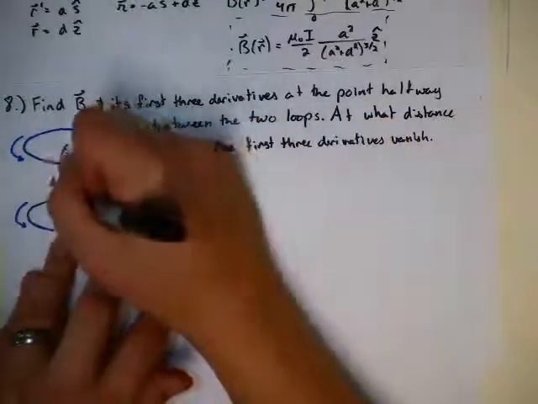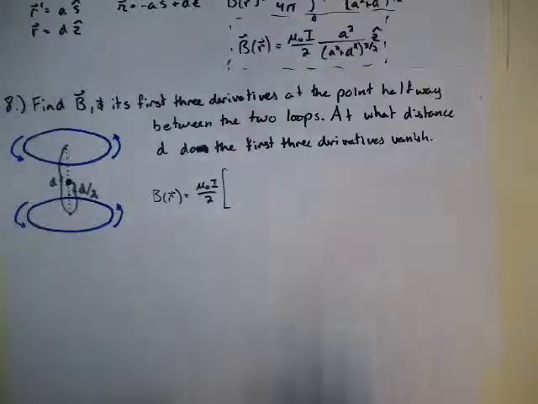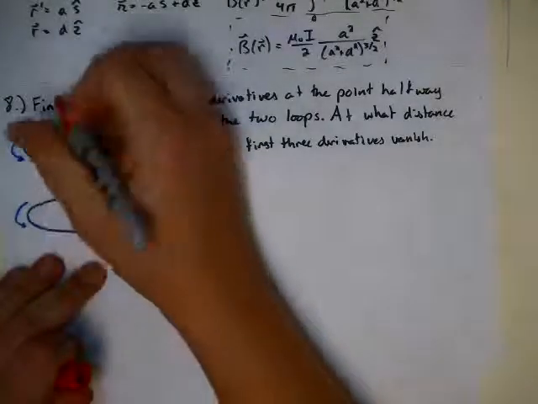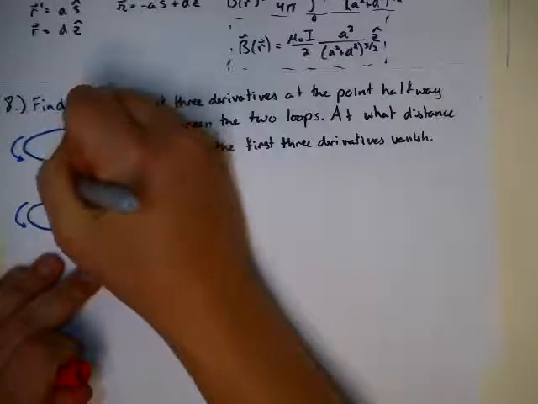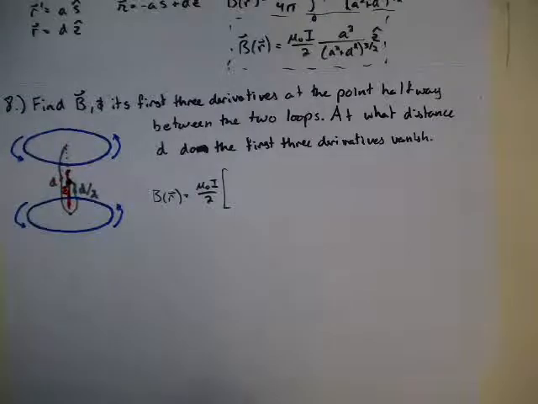I'm going to ask this as a function of a general distance z, because I want to be able to take the derivatives, and if I want it in terms of the derivatives, I have to have it in a functional form.